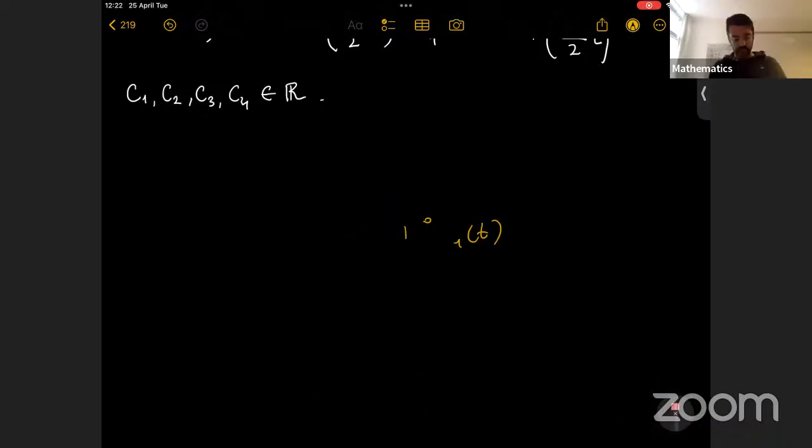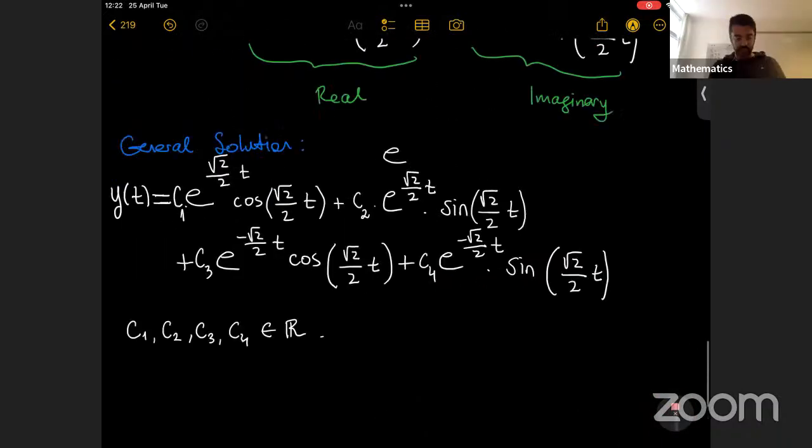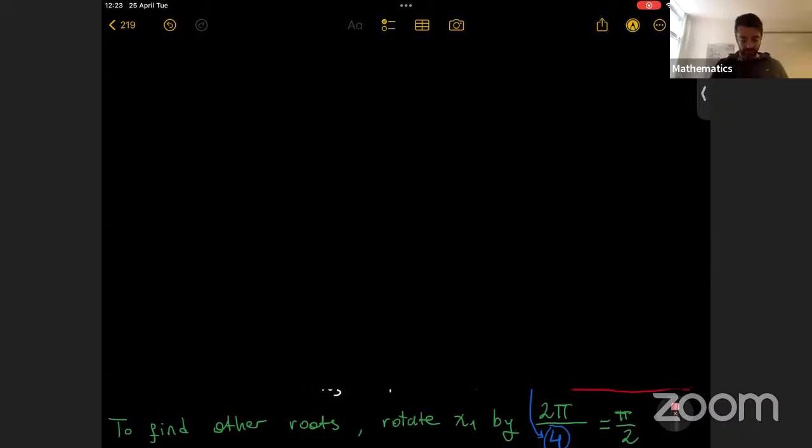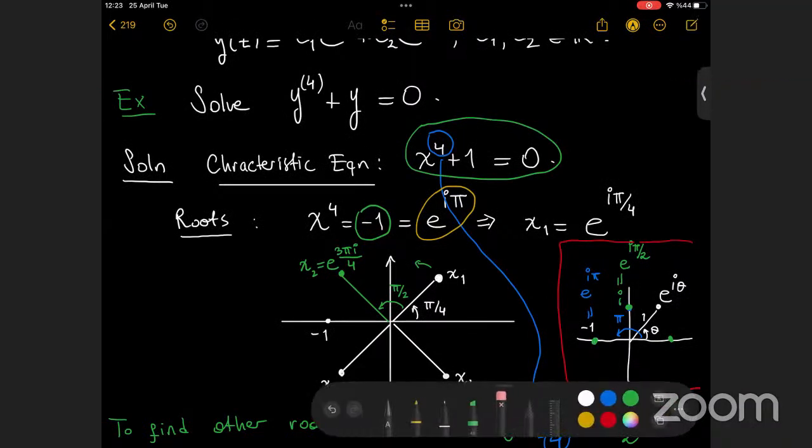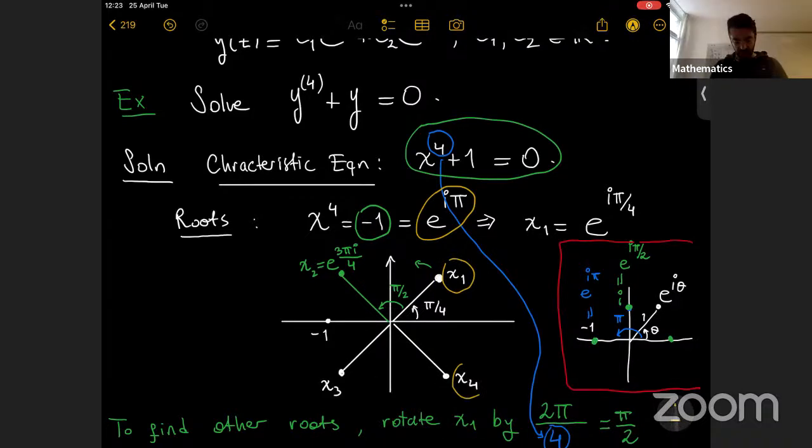We have to be careful about choosing the roots. We could choose different roots, but when you choose different roots, be careful with the choice because if you choose this one with the conjugate, that will not work.